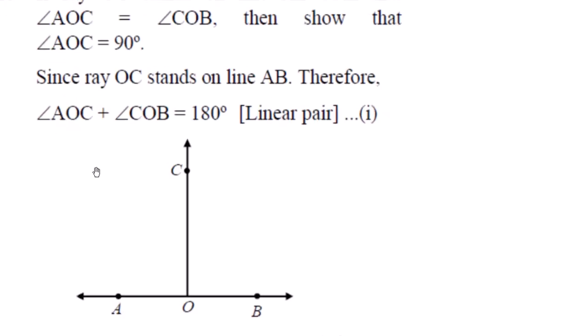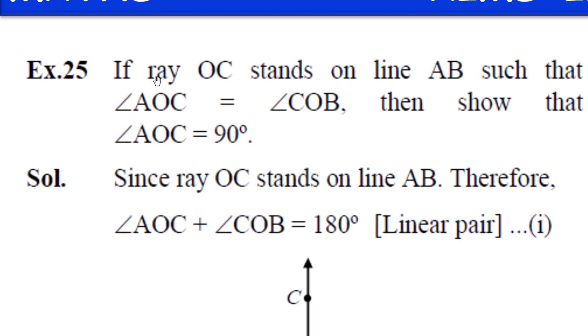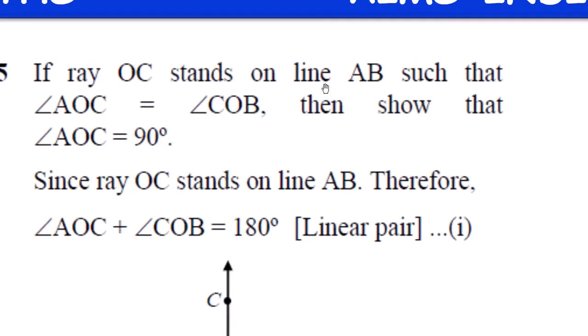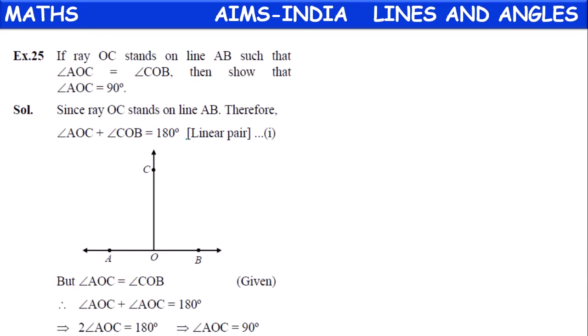Next one. If ray OC stands on line AB such that angle AOC equals angle COB, then show that AOC equals 90 degrees.